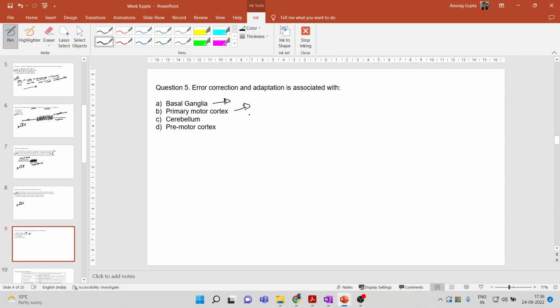It's not that I might give a command to serve properly, but there might still be errors. These errors are actually corrected by the cerebellum. So there's error correction and adaptation that happens due to the cerebellum. So the answer is C.